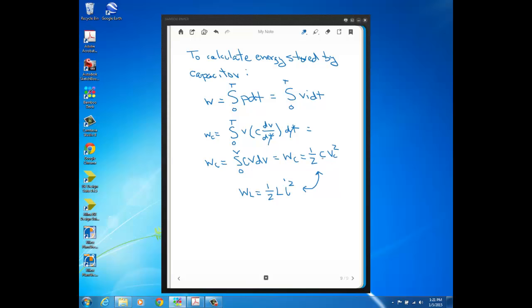Wherever you have a C in your capacitor equation you'll have an L in your inductor equation, and wherever you have a V in your capacitor equation you'll have an I, this is i_L, in your inductor equation. This is actually called dual or duality: same form of expression but different variables. So you'll often hear that capacitors and inductors are duals of each other for that reason.